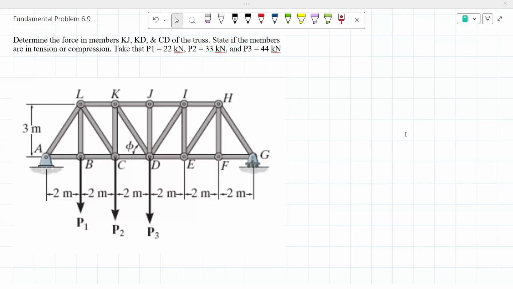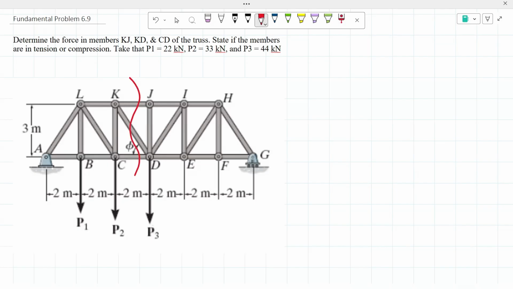So in this example, I'm gonna cut the truss right here, because that way it would cut the member KJ, it would cut in between the member KD, and it would cut in between the member CD, which are the three that we have to determine the forces of. So I'm gonna do the cut right here.